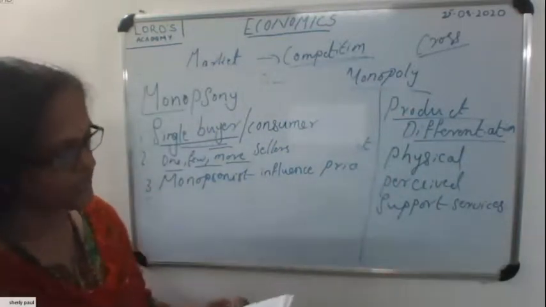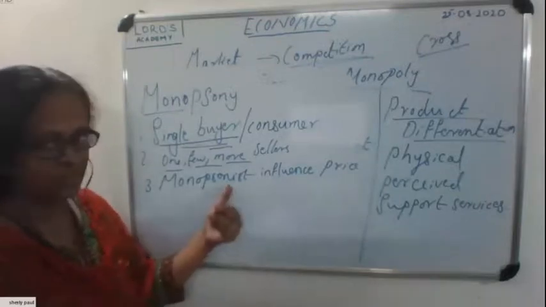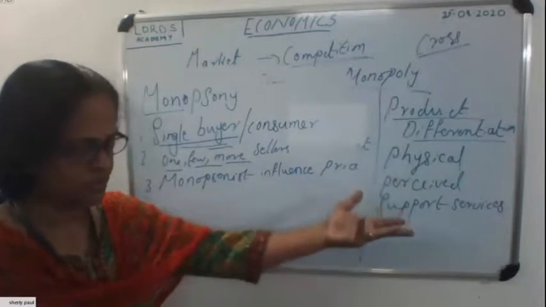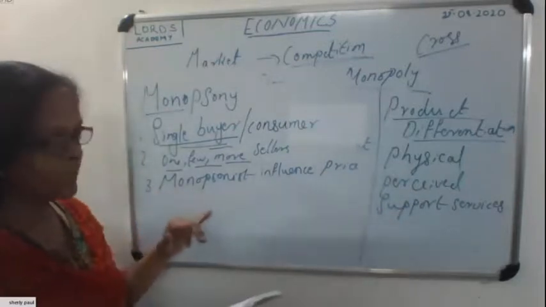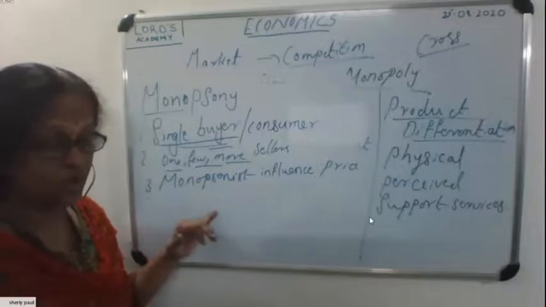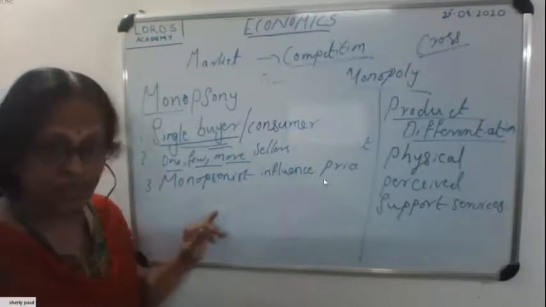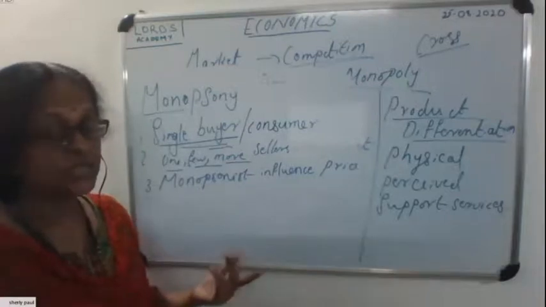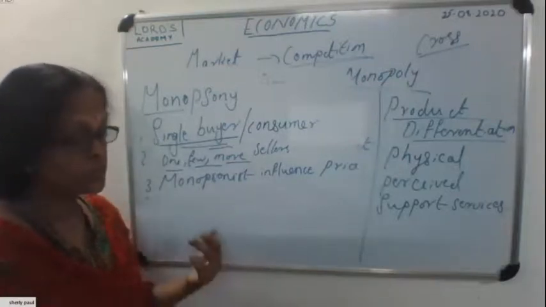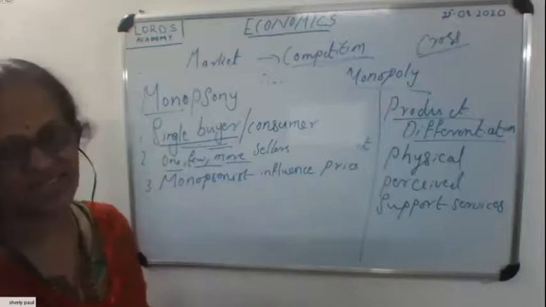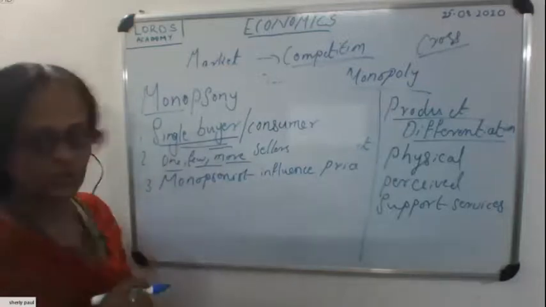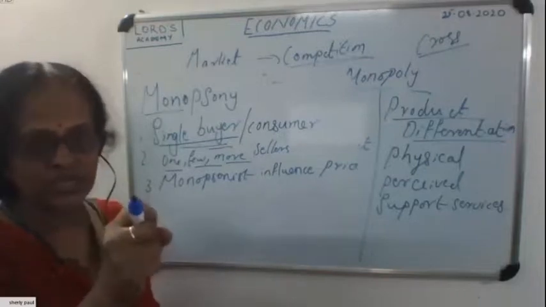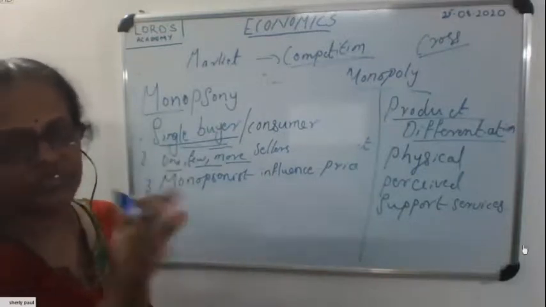The next one is that in monopsony the buyer can influence the price, and here in monopoly the seller can influence the price. He can increase or decrease the price. In case the monopsonist wants to purchase more quantities of a factor or service, he has to pay an additional price for it, because the suppliers may not like to spare additional quantities. The sellers know that there is only one buyer, so they keep the quantity within a fixed limit.